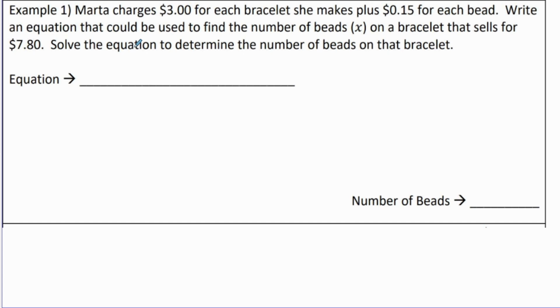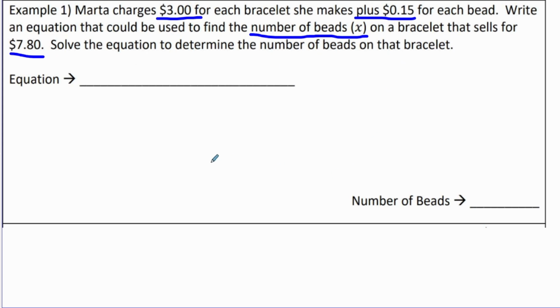Now we're going to go back and just kind of underline some important information. So she charges $3 for each bracelet plus 15 cents for each bead. Write an equation that could be used to find the number of beads X, number of beads, on the bracelet that she sells for $7.80.